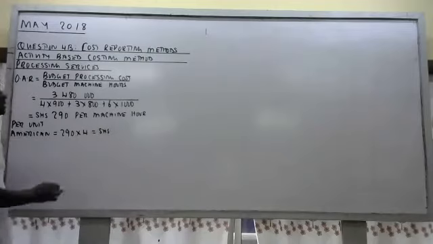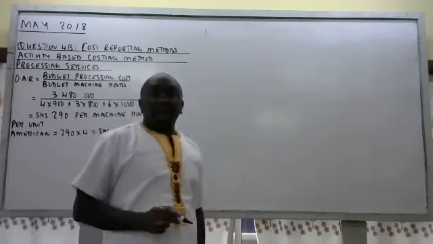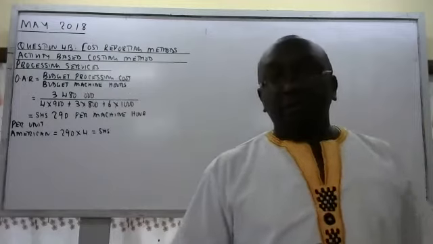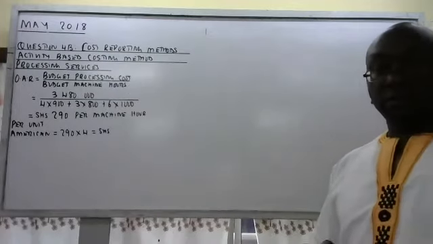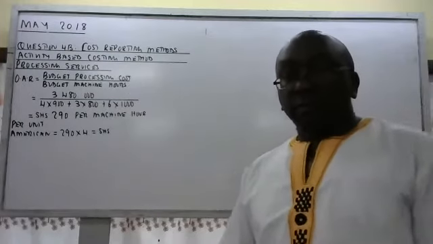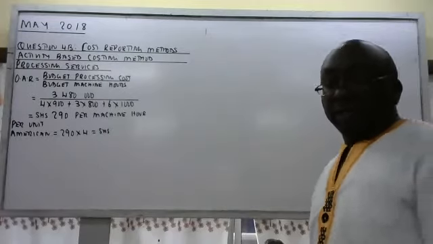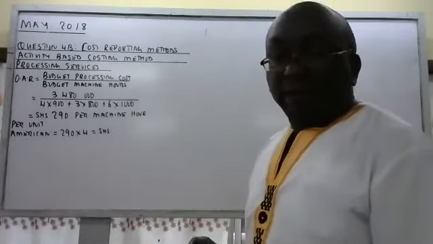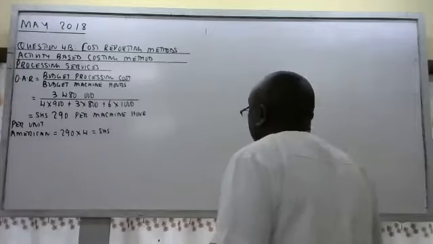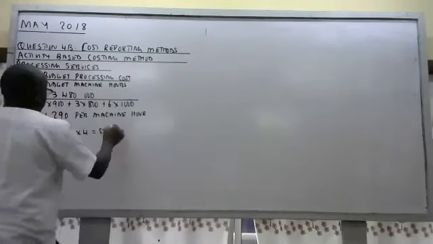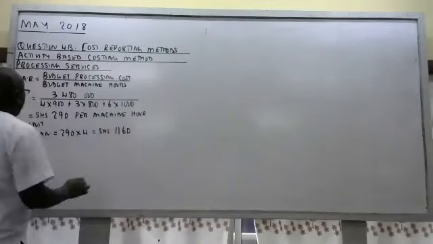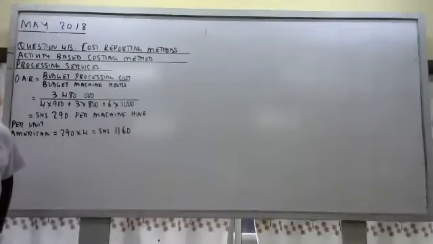How much is that? 290 times 4. Yes, Ivarin, 1160. June, good, 1160. Then we go to the next one, butterfly.